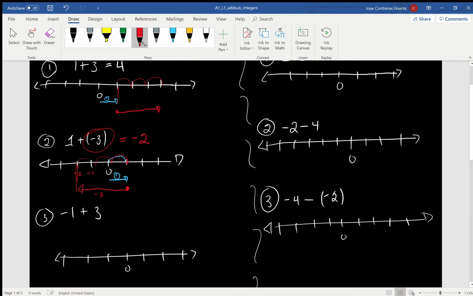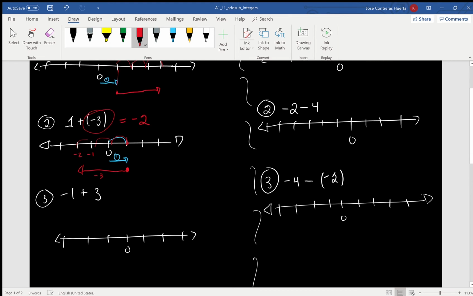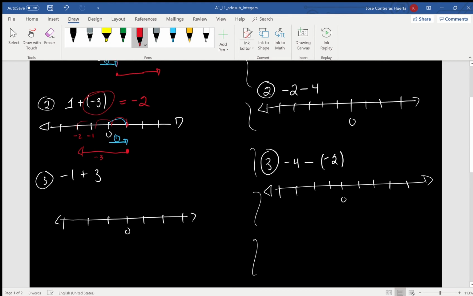Now let's do another one. Let's say that we have negative 1 plus 3. We always start with the first number because it's similar to how we read: we go from left to right. Because it's negative, it tells me that I have to move to the left, because negative numbers mean move to the left. So I start off at 0, but instead of moving to the right one, I move to the left, because this means I moved negative 1.